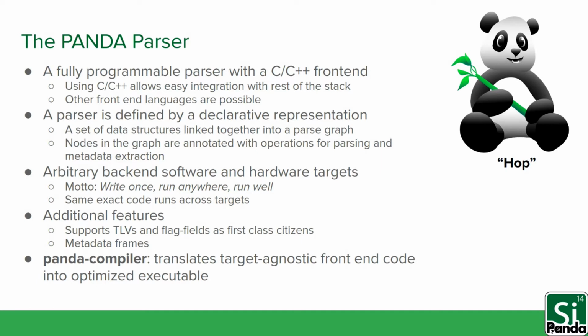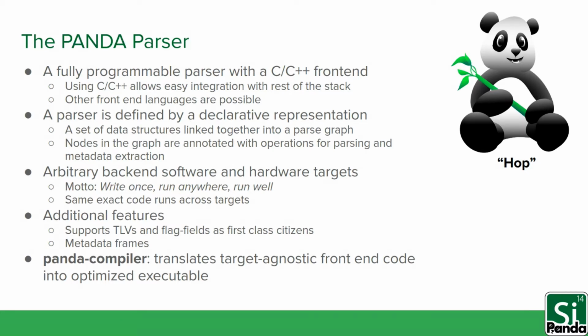It's hard not to notice that most networking software written today is already in C and C++. Obviously, the Linux kernel is. So our idea is that the PANDA Parser written in that same language will maximize the amount of integration with existing stacks. That being said, other front-end languages are possible. I'll touch a little bit on that in the next slide.